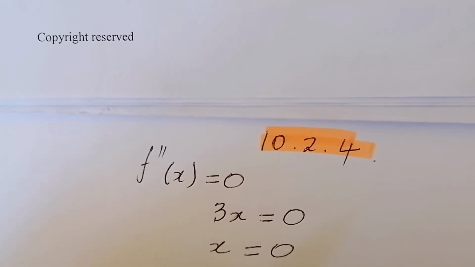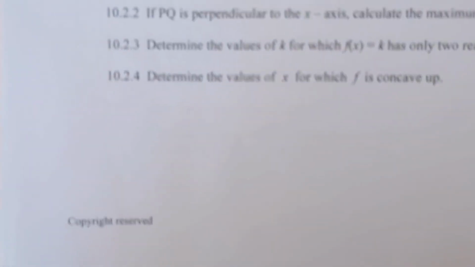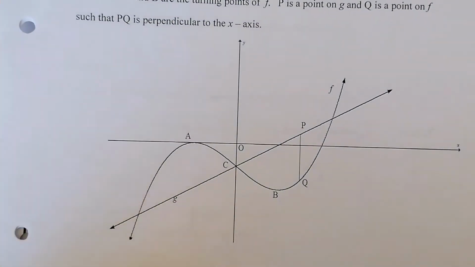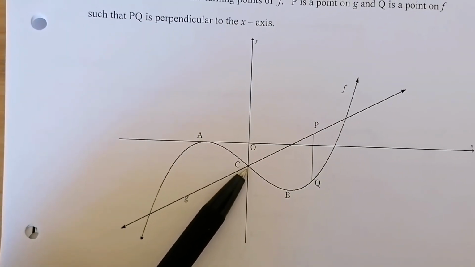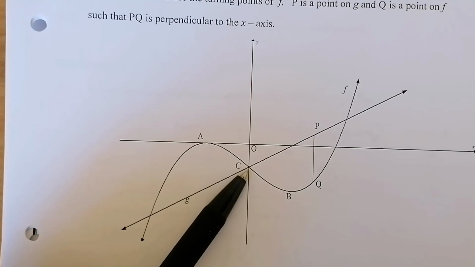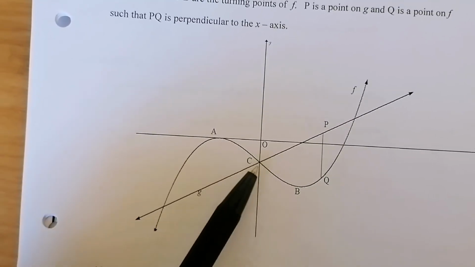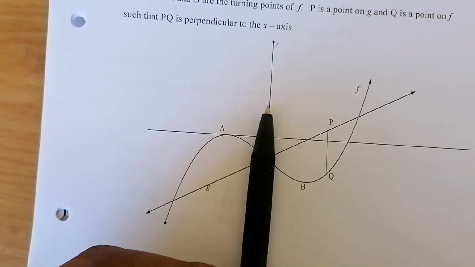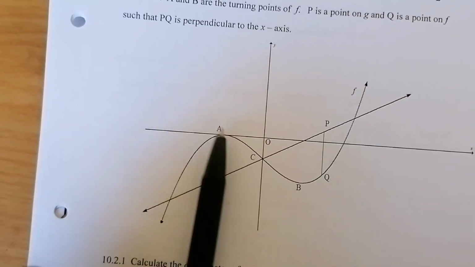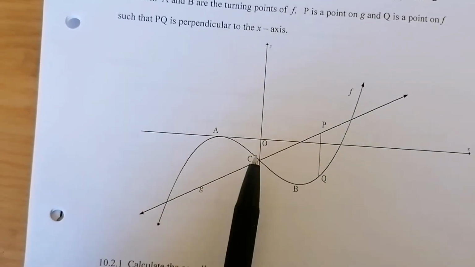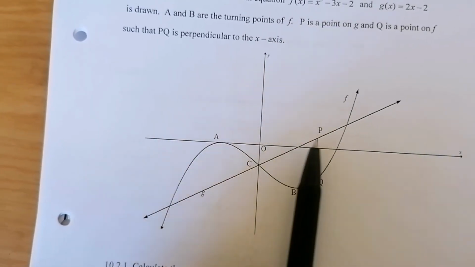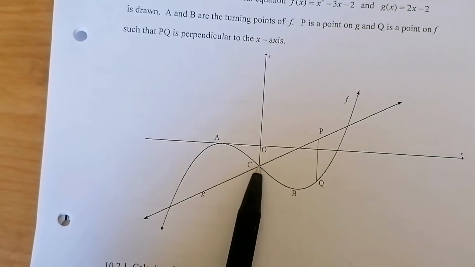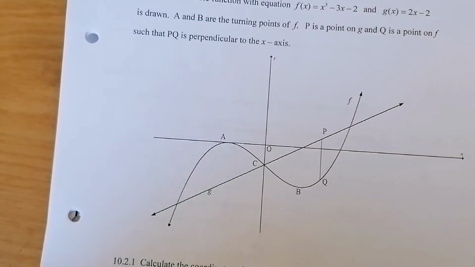Now we want to determine when this function will be concave up. Look at that. X is equal to 0 at that point, point C. Now, when is it concave up? Can you see that when you move to this side of that point, your graph becomes concave down? But when you move to this side of this point, your graph becomes concave up.